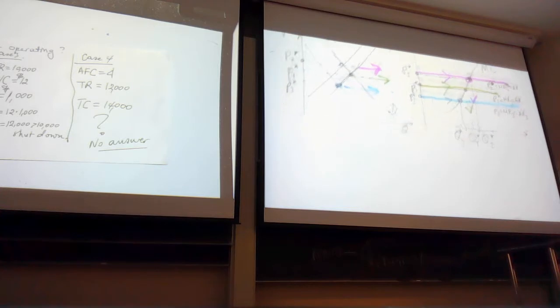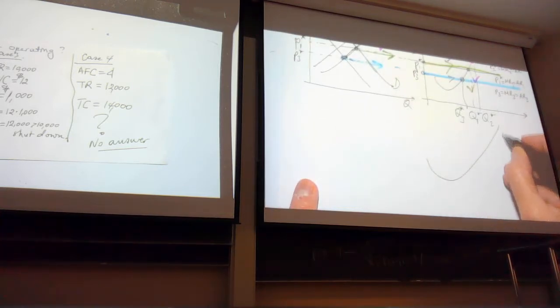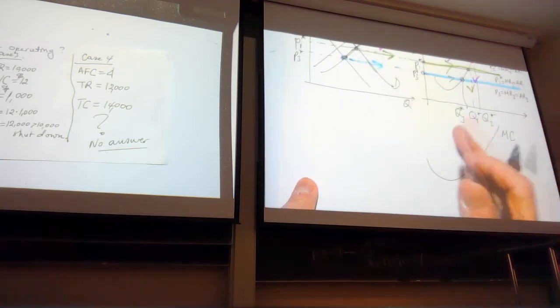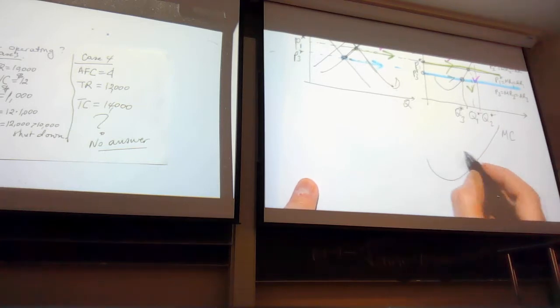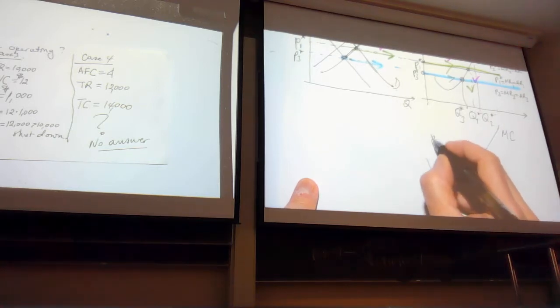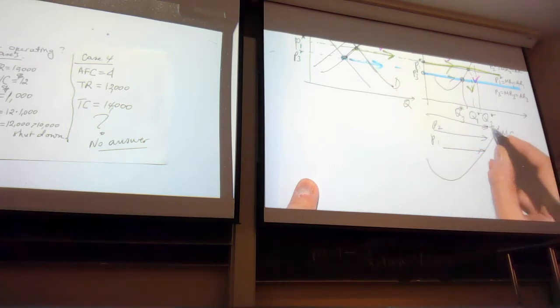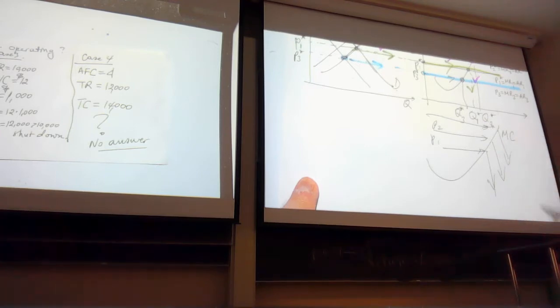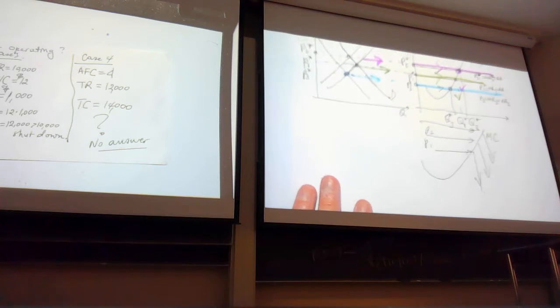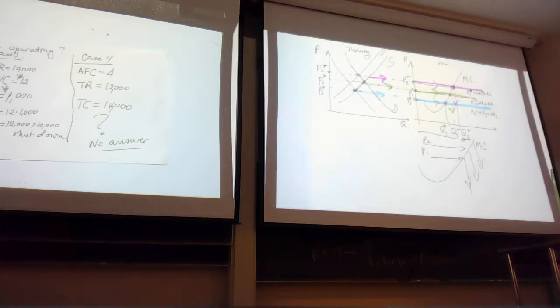So notice that what I'm doing each time is I'm taking the marginal cost curve as kind of given and solid. And I'm saying, what's the price? Maybe it's P1, maybe it's P2, maybe it's P3. And it's the marginal cost curve that tells me exactly the quantities that are going to be produced. So notice that the marginal cost curve acts like what?